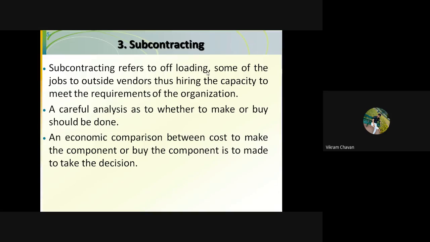Getting my point, everyone? What is meant by subcontracting, how it is useful, and how it affects the effective capacity? Everyone, please note down subcontracting and some points related to it.